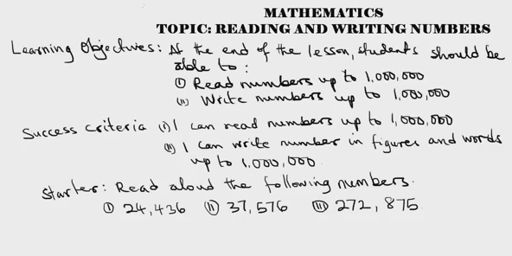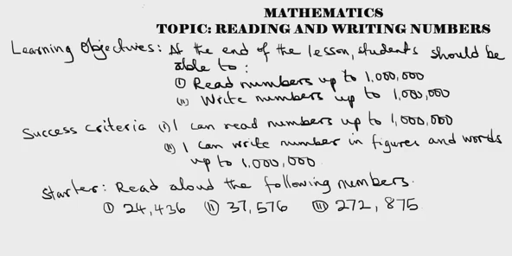From here, the starter we are going to have to start the lesson is: read aloud the following numbers. We have three numbers to read aloud. Can you read the numbers that you can see on your screen aloud?